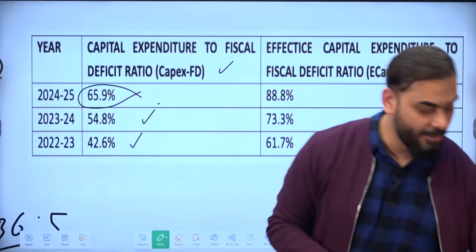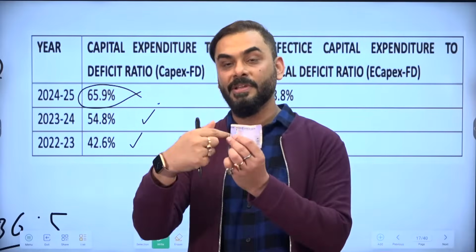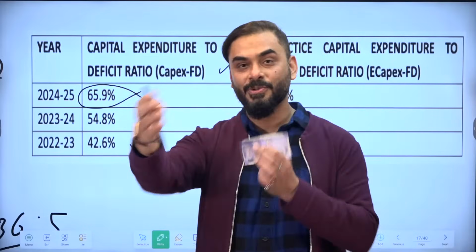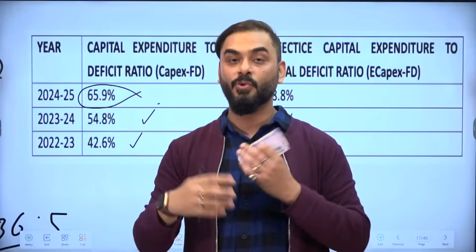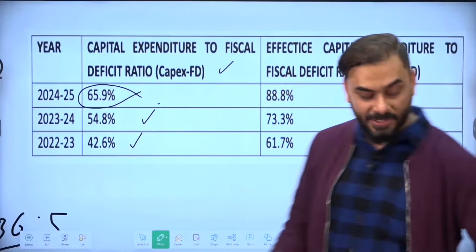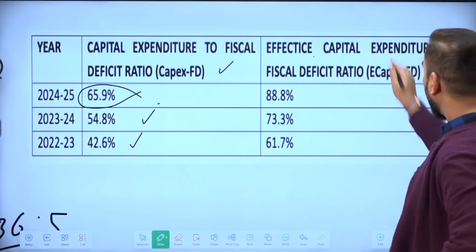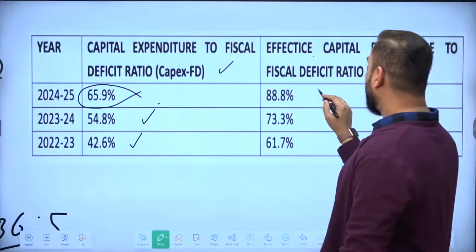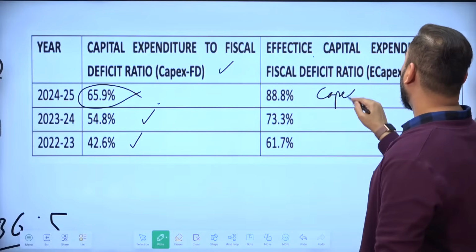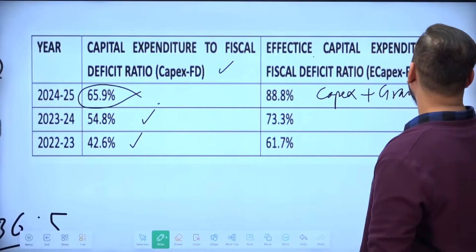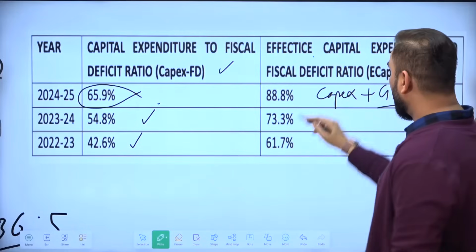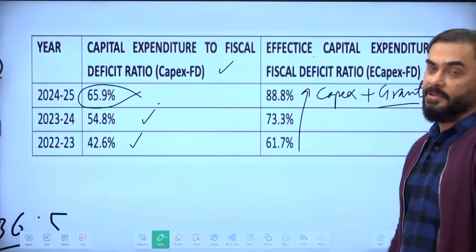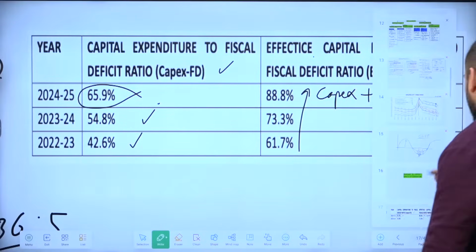Every time we borrow 100 rupees, roughly 66 rupees goes into the construction of capital goods, which means roads, bridges, hospitals, schools, etc., called capital expenditure. What is the effective capital expenditure to fiscal deficit ratio? Remember, effective capital expenditure is capex plus grants given by the central government to state governments for creation of capital assets. So this ratio is also improving. That's a good sign for the economy.